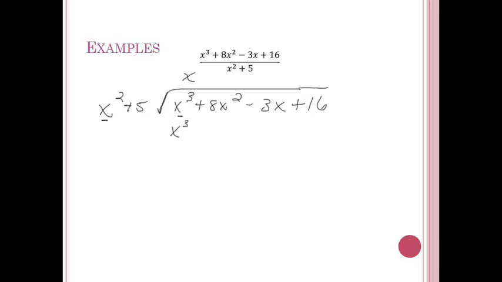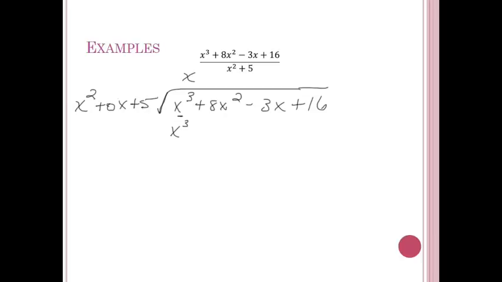But I'm not done because I have an x squared plus 5, so I also have to multiply the x times the 5. So that's plus 5x. Let me just erase this and rewrite this. We have a missing power of x in our divisor, so I'm going to rewrite it as x squared plus 0x, a placeholder for the x, and plus 5.